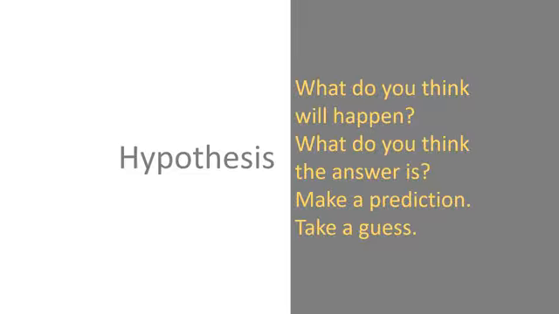Number two, the hypothesis doesn't have to actually be correct at the end of your experiment. It's a guess. There's no way for you to get it 100% if you don't know the answer yet. The reason you're doing the experiment is because you don't know the answer.